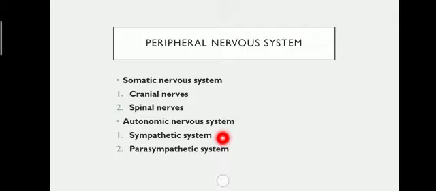As we know, adrenaline is released to excite the body. So when our body gets excited, at that time the system that works is the sympathetic nervous system, and the parasympathetic nervous system is the system when our body is in relaxed mode or resting mode. So these are the two types of autonomic nervous system.